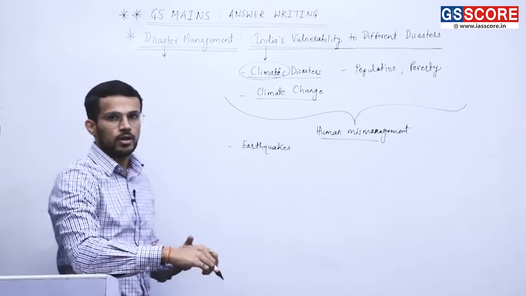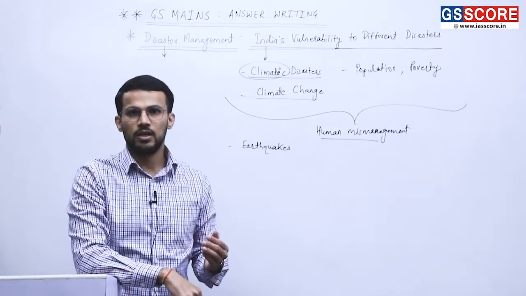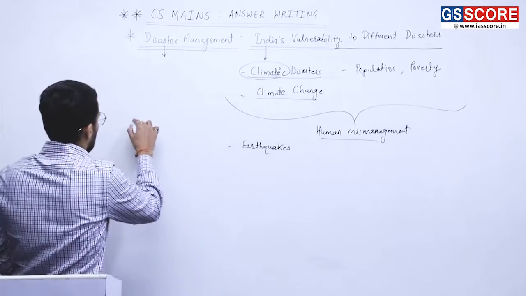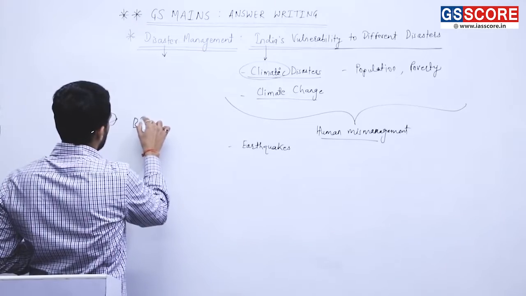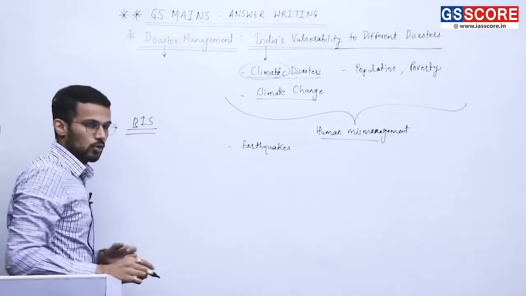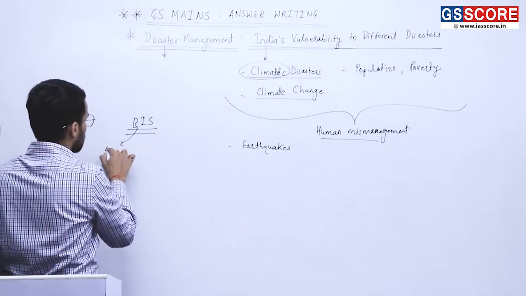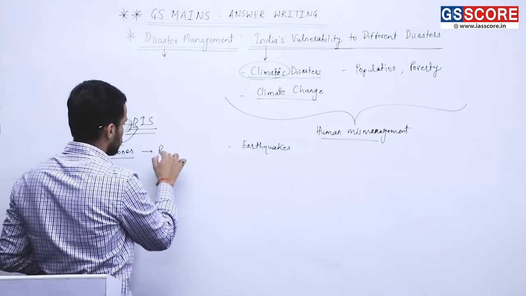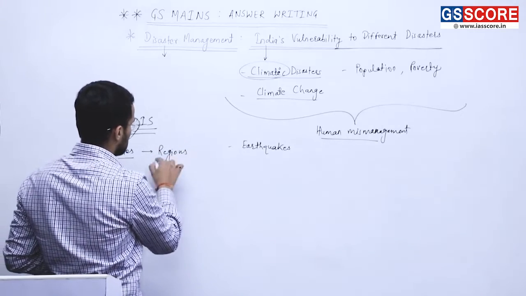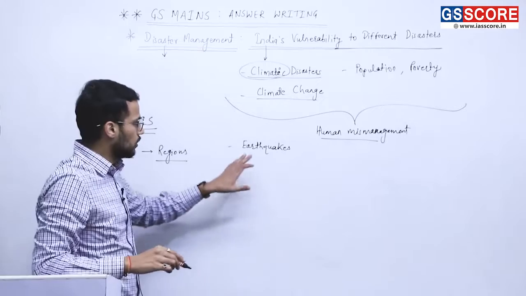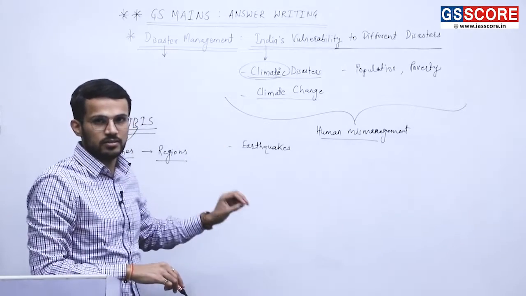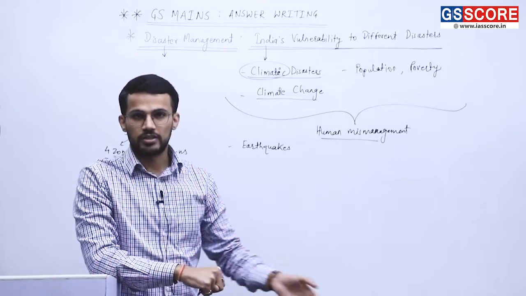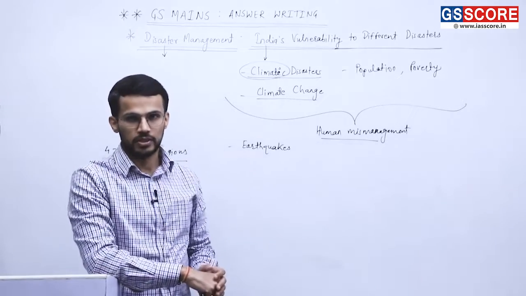You must be aware of the four different zones given by the Bureau of Indian Standards, BIS, where they have classified different regions with respect to their vulnerability to earthquakes, right? Earthquake is the prime disaster that we have in India, and most of the vulnerable regions lie on the plate boundaries, fine.